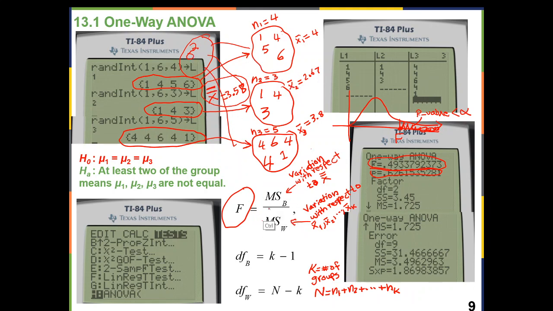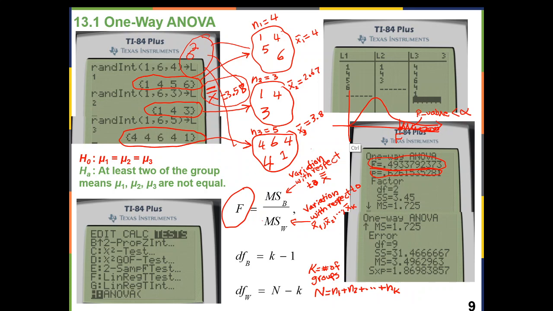And this also is an estimate for that. This number right here, as I said, is a variation with respect to the grand mean per group. Now, the ratio ends up being that number that we want, f.